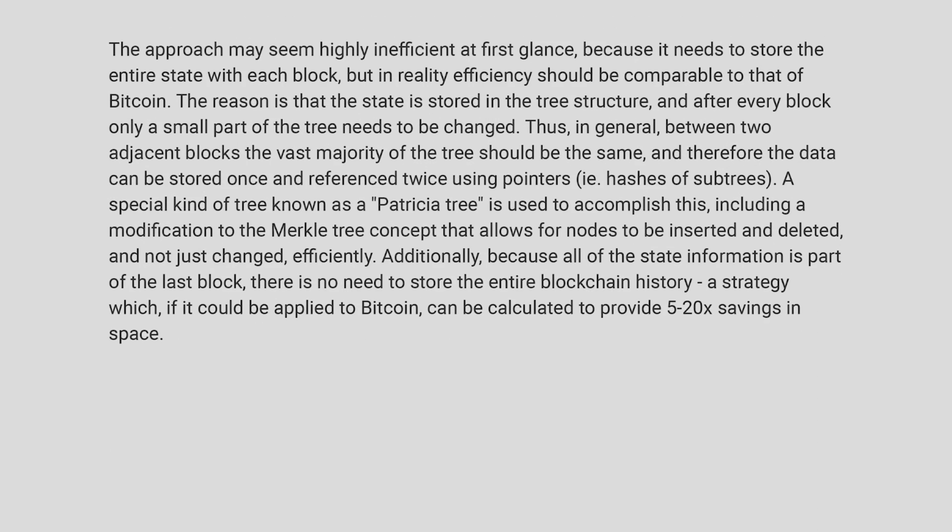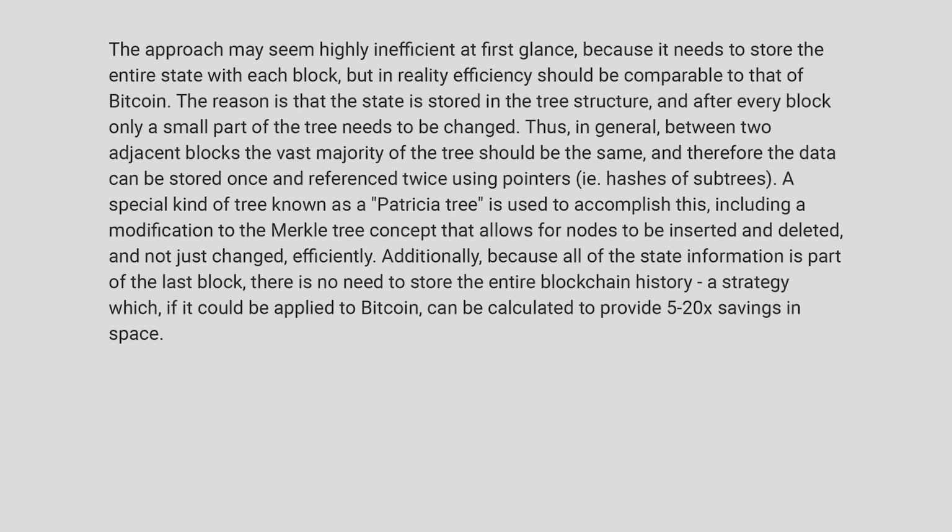The approach may seem highly inefficient at first glance because it needs to store the entire state with each block, but in reality, efficiency should be comparable to that of Bitcoin. The reason is that the state is stored in the tree structure, and after every block, only a small part of the tree needs to be changed.